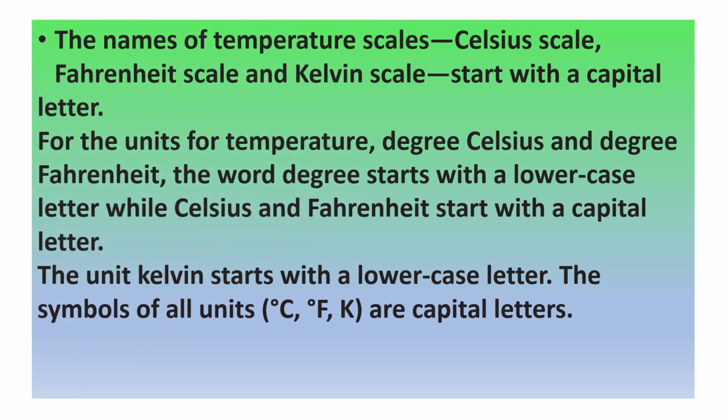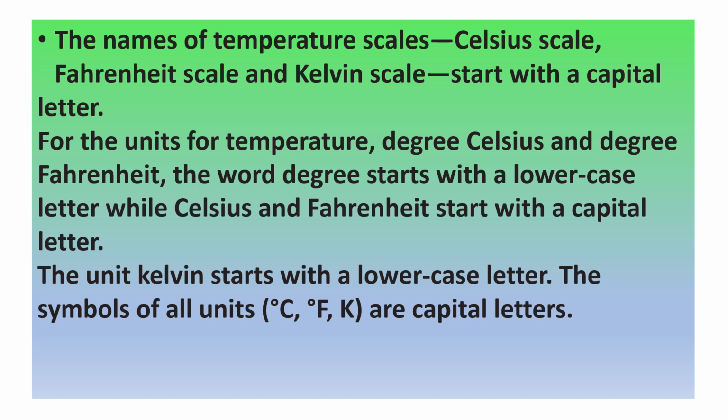The names of the temperature scales, Celsius scale, Fahrenheit scale and Kelvin scale, start with a capital letter: C, F and K. For the units degree Celsius and degree Fahrenheit, the word degree starts with a lowercase letter, and Celsius and Fahrenheit start with a capital letter.